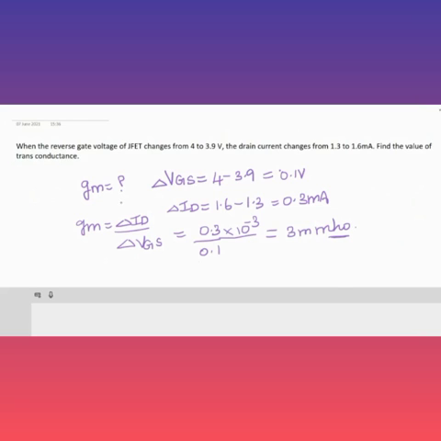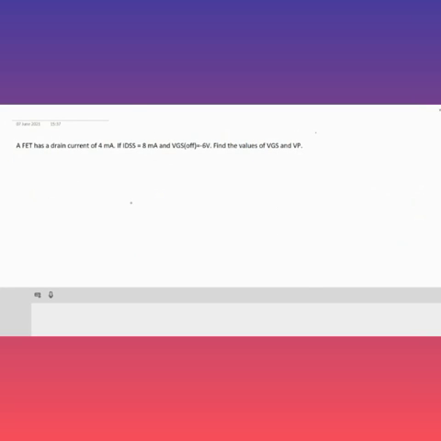Okay, so now we'll move on to the next problem. Here you can see a FET has a drain current of 4 milliamps. IDSS value is given, my ID current is given, my VGS off is given, and they have asked us to find VGS and VP. So it is very simple. For this, I need my drain current equation.